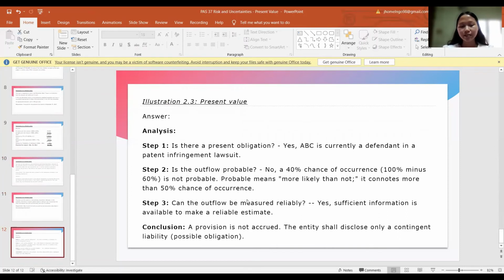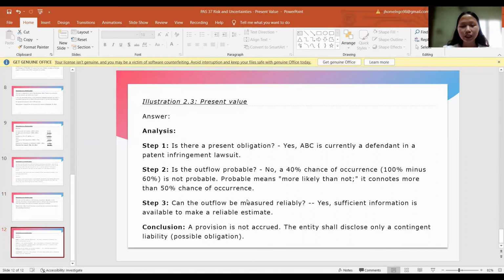Answer. Analysis. Step 1. Is there a present obligation? Yes. ABC is currently a defendant in a patent infringement lawsuit. Step 2. Is the outflow probable? No. A 40% chance of occurrence, 100% minus 60%, is not probable.